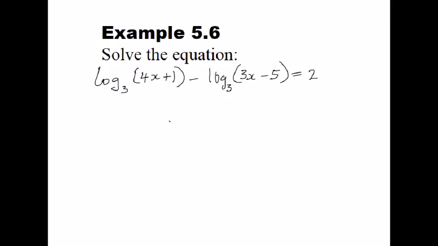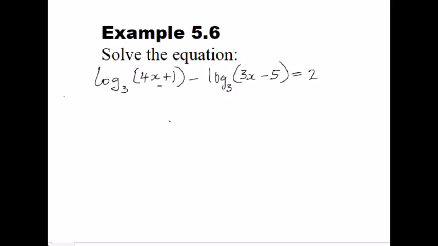Example 5.6. Solve the equation: log base 3 of (4x plus 1) minus log base 3 of (3x minus 5) equals 2. So, solution.